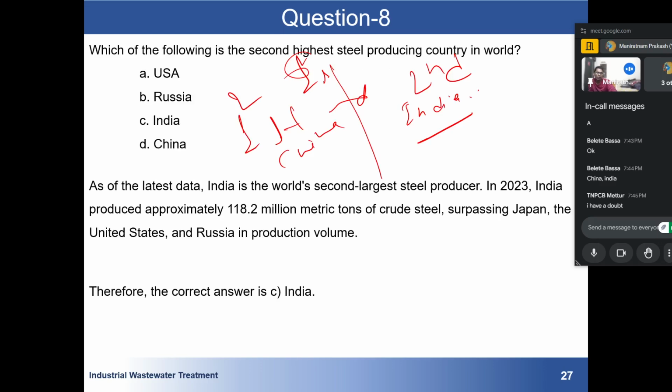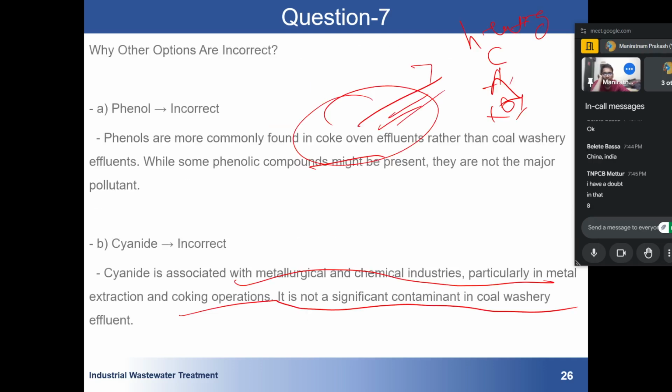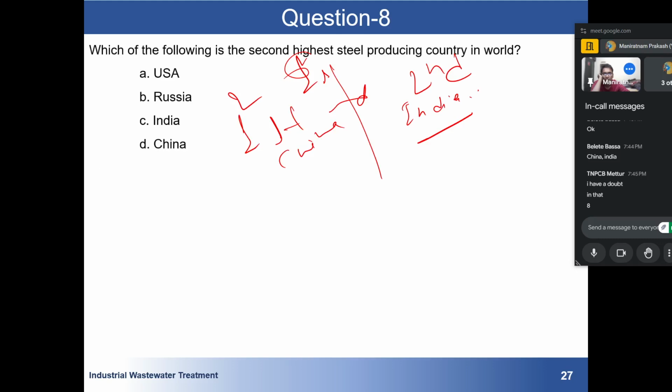I have a doubt. What kind of doubt? In the lecture, it was explained differently.